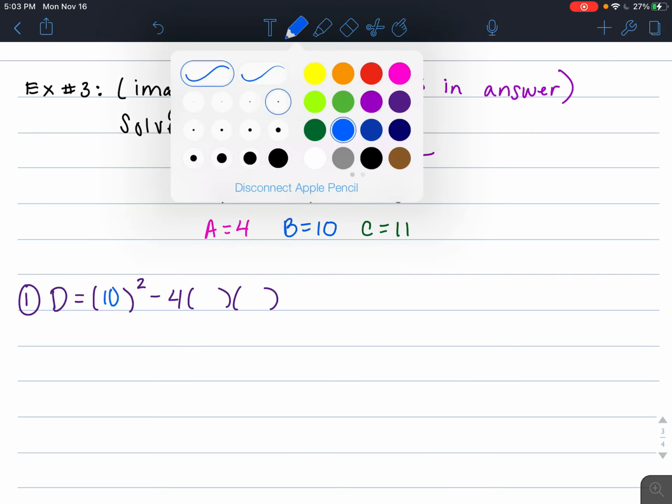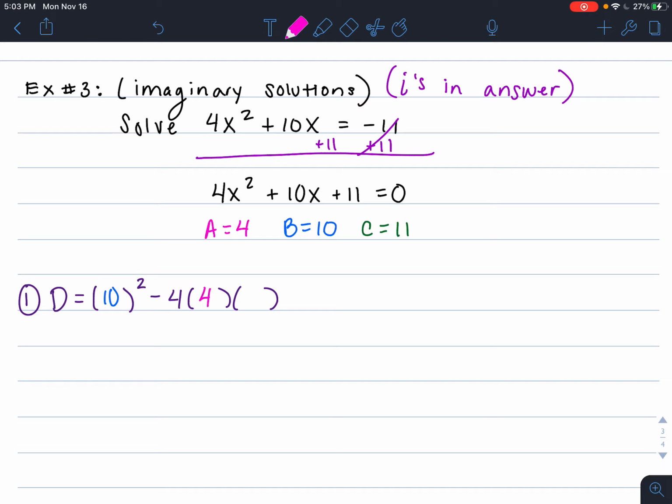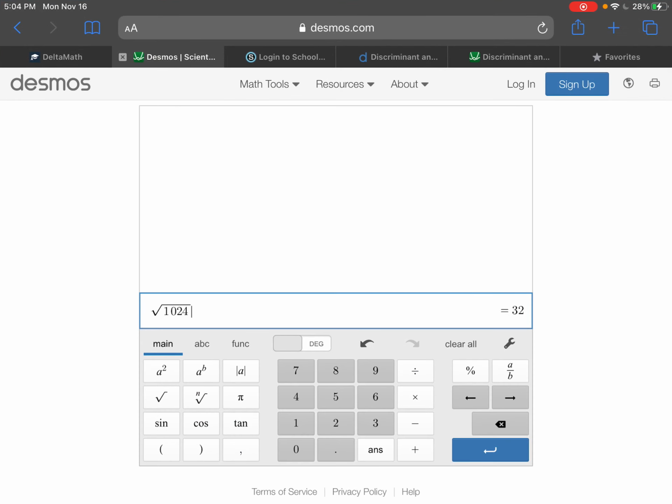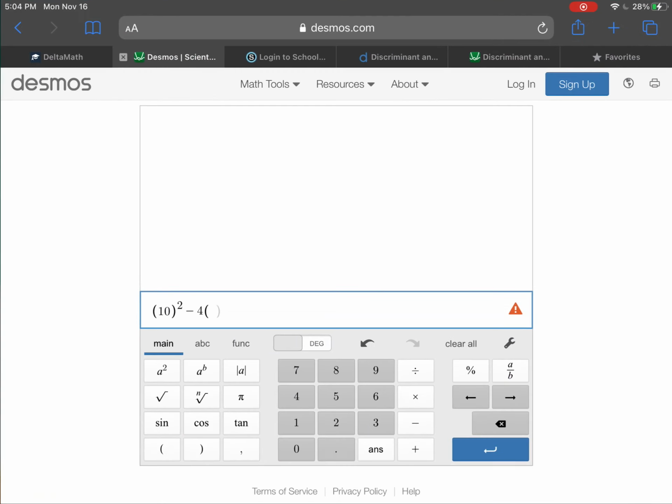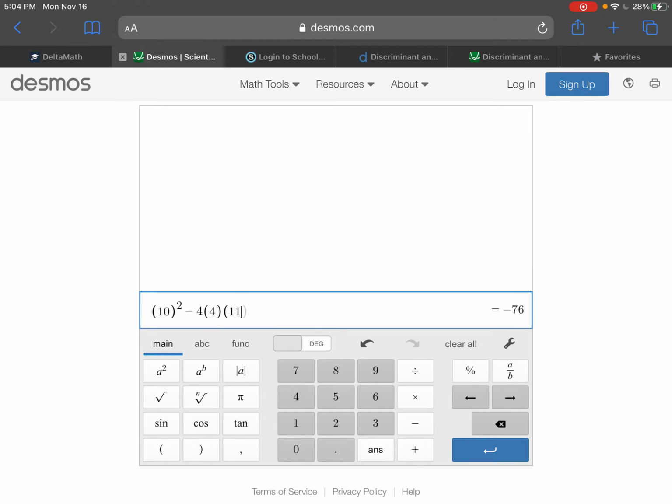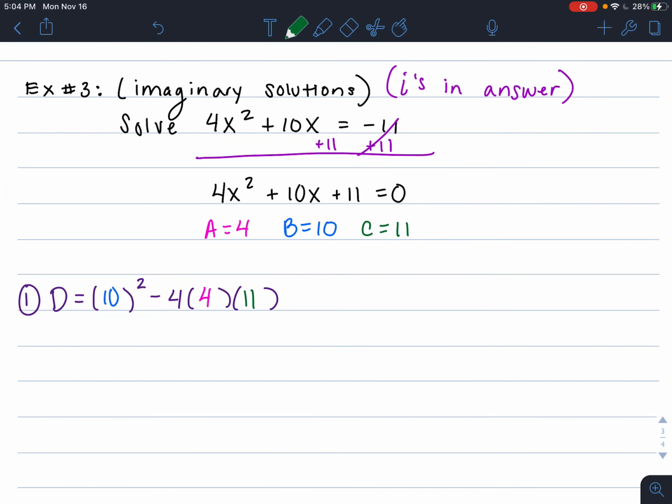So b squared is going to be 10 squared, 4 times 4 times 11. And I'm feeling lazy, so let's type that in the calculator. So 10 squared in parentheses minus 4 times, I want to say it was 4 times 11. And we get that it is negative 76.